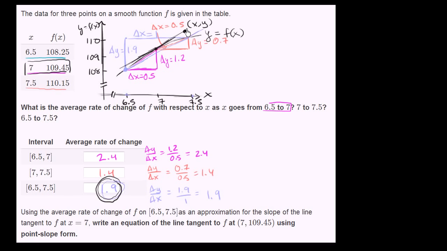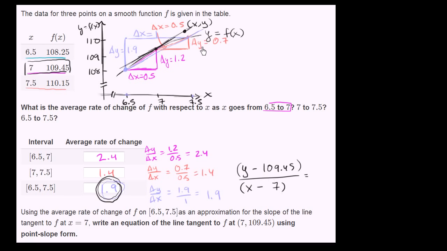So one way you could say it is, if you take an arbitrary point x, y on this line, your change in y, y minus 109.45, over your change in x. We can use that when x is equal to 7, f of x is 109.45. So we're referencing the same point. When our change in x is x minus 7, our change in y is y minus 109.45.